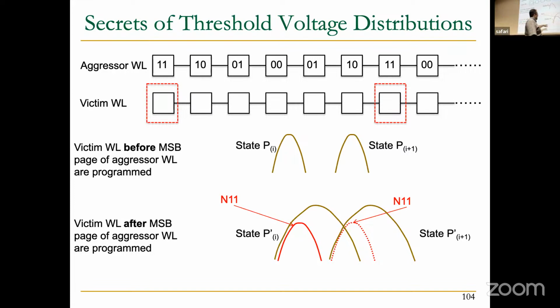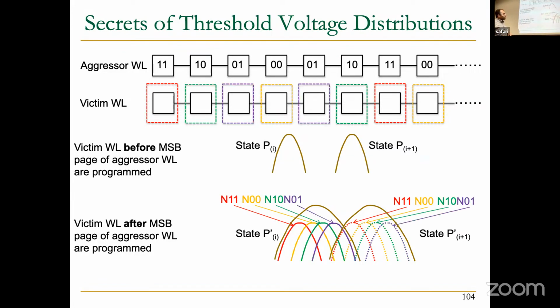So you will see something like that. This is the threshold voltage distribution of these cells in the victim row where the neighboring value was 1, 1. This is that. And again for 0, 0, 1, 0, and 0, 1.